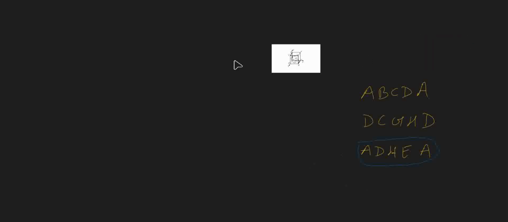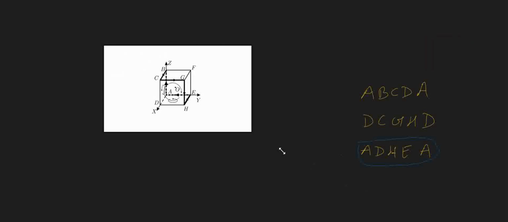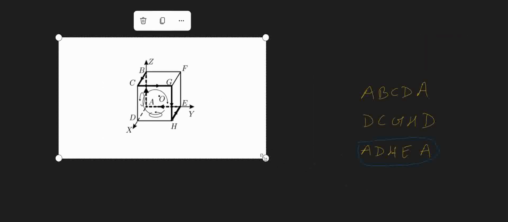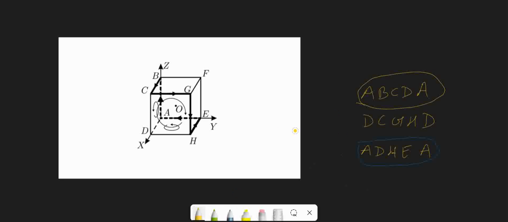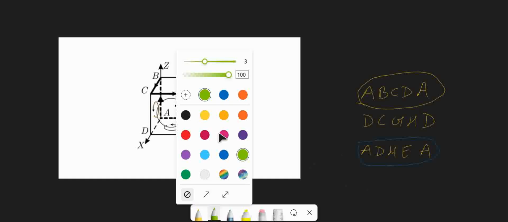I have already drawn it, and if you watch this closely, you can see here our first contour A, B, C, D, A. It has produced a magnetic field in this direction.